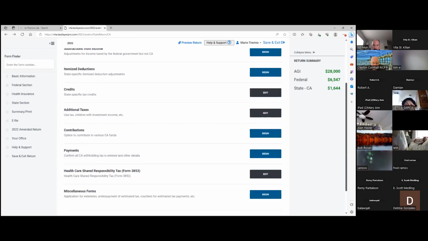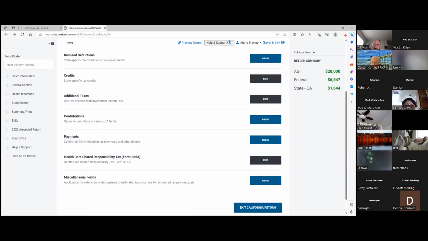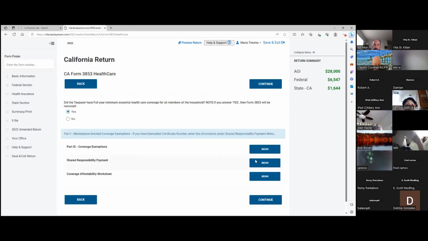And then the healthcare. And this terminology, if you're new or newer, refers to the Affordable Care Act. And individuals are supposed to have minimum essential healthcare coverage, which basically means they've got health coverage from head to toe. There are certain plans that have coverage, but it's not full health coverage, if you will.